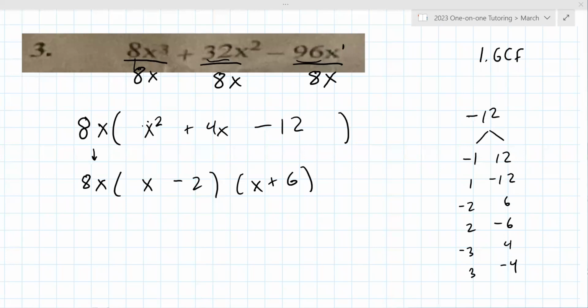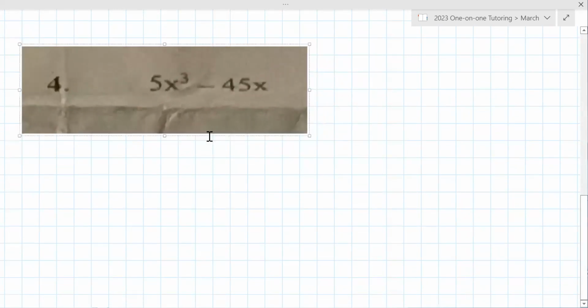Any questions on that before we move to another one? No. Okay. Are you comfortable making this list on the right? Yeah. Okay. All right, so here we go. Number 4, you always start with GCF factoring.